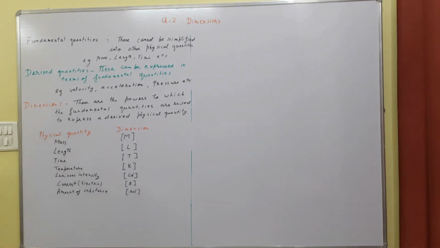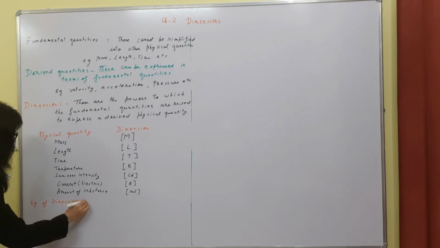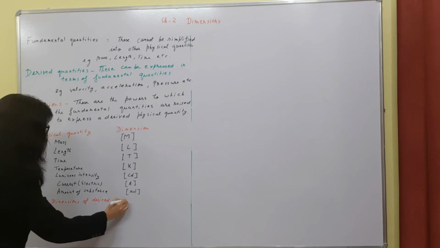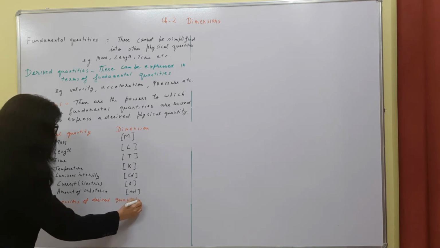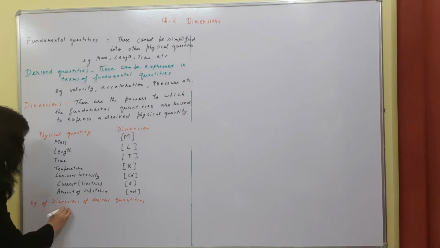So how can we write the dimension for the derived quantities? Now let's take some examples of dimensions of derived quantities. Suppose velocity, we have to write velocity is what?